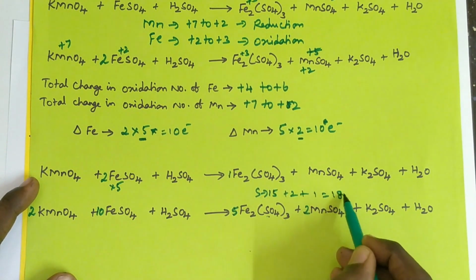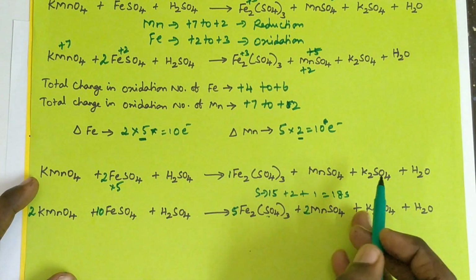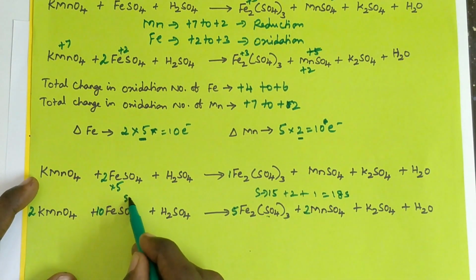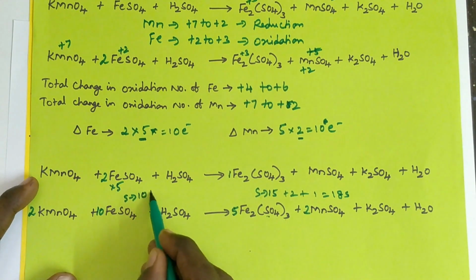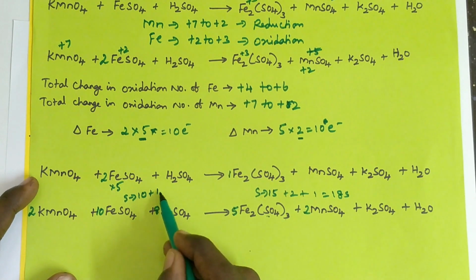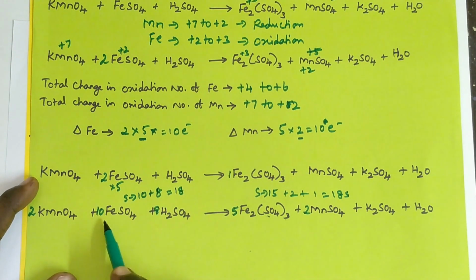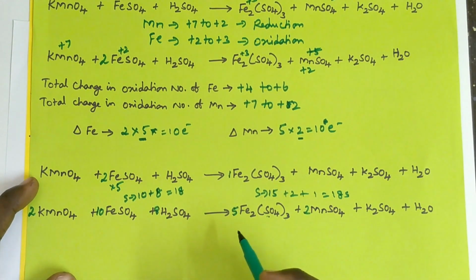So total 18 sulfur on the product side. But in case of the reactant side, S is 10. So we have to multiply this by 8, then we get 18. So sulfur is balanced. So 10, you have 1 sulfur, and you multiply with 8, you get 18 sulfur.